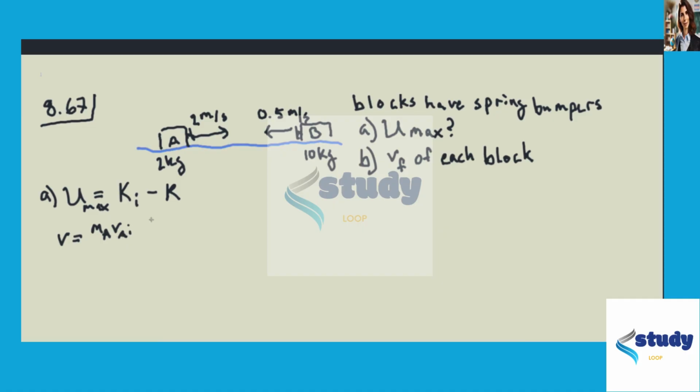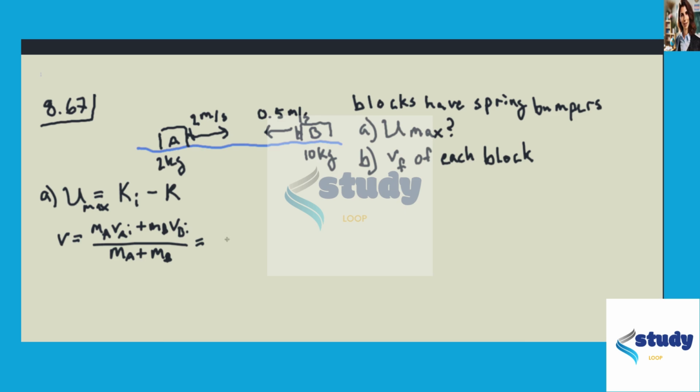So we have the initial momentum of A plus the initial momentum of B divided by the sum of their masses. You can think of this either as conservation of momentum or as asking what is the center of mass speed. They're equivalent questions.